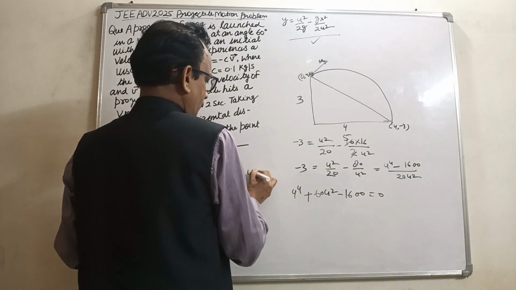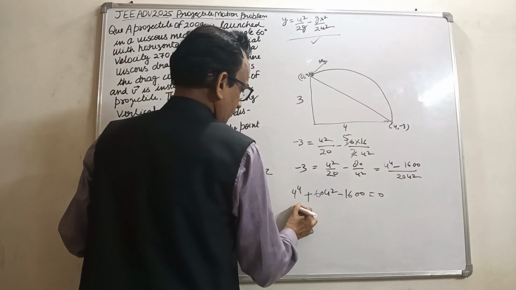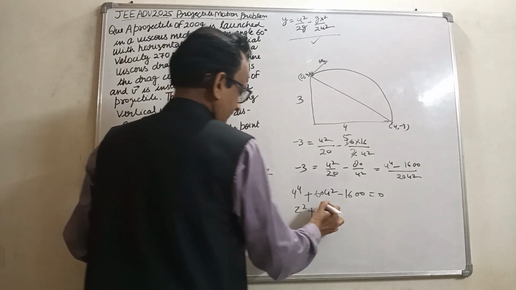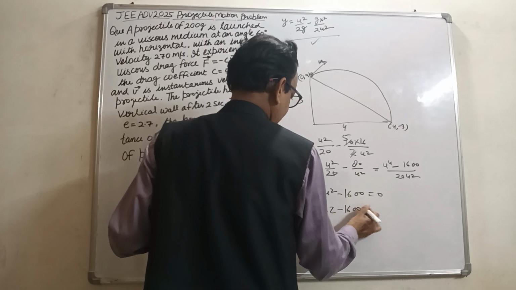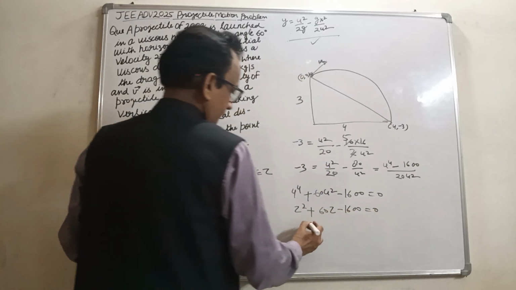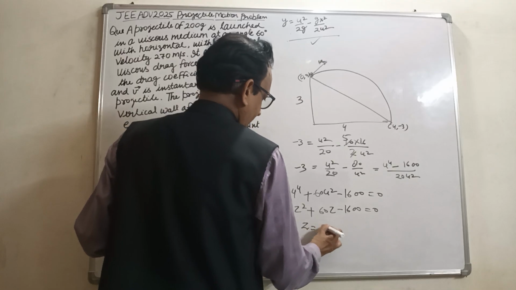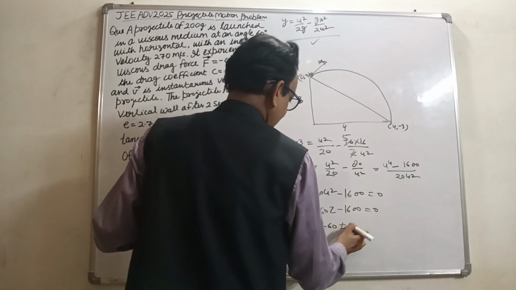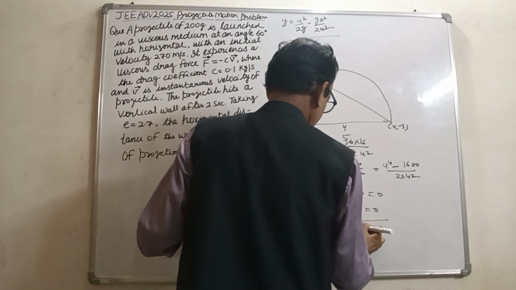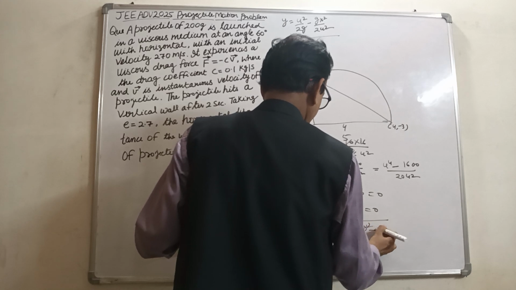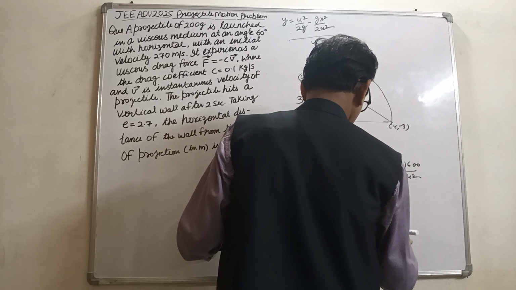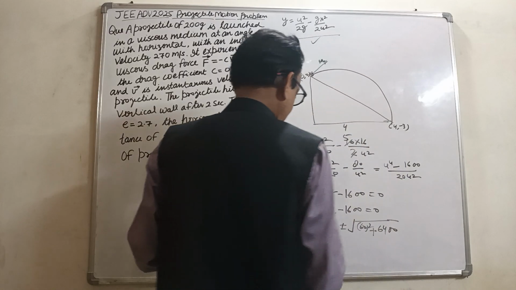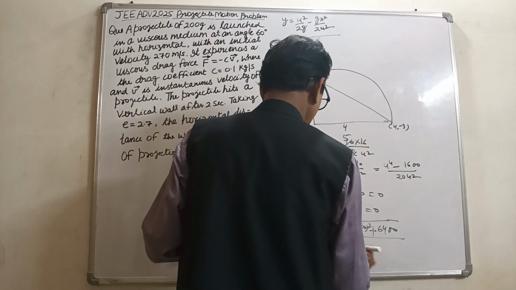So let u square is equal to z. So z square plus 60z minus 1600 becomes 0. So applying Sridharacharya's formula, minus 60 plus minus under root 60 square minus minus plus 6400, upon 2a, this is 2.